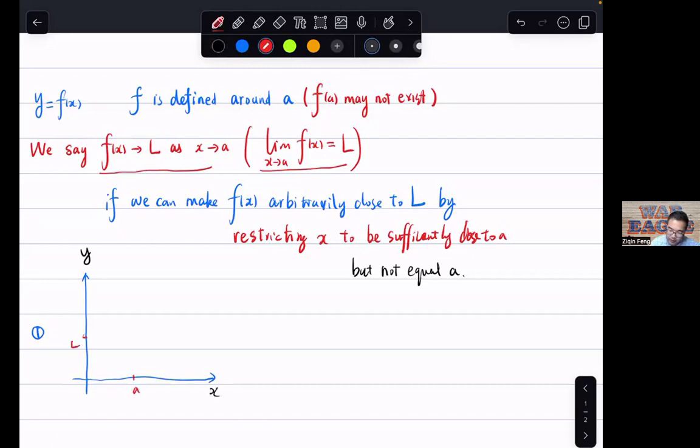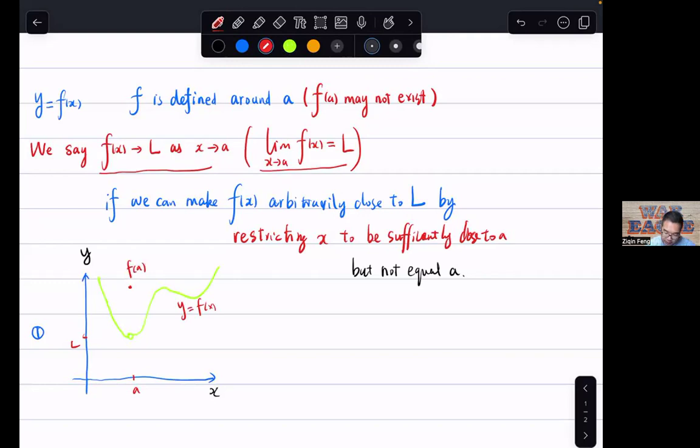The function might behave something like this. You can see that on the left side, the function is getting closer and closer to L as x goes to A. And on the right side, the same thing happens. So that's our function, y equal to f of x. The function value at A here might be here, f of A. So the limit may not be the function value.